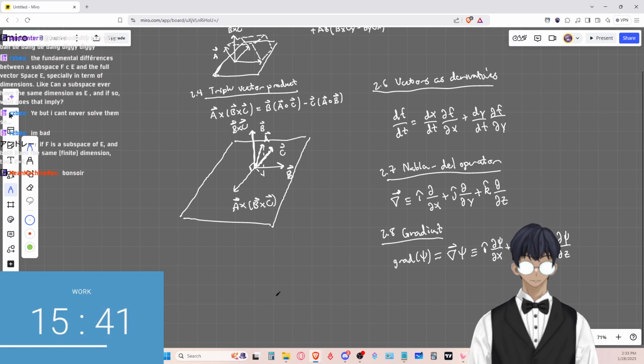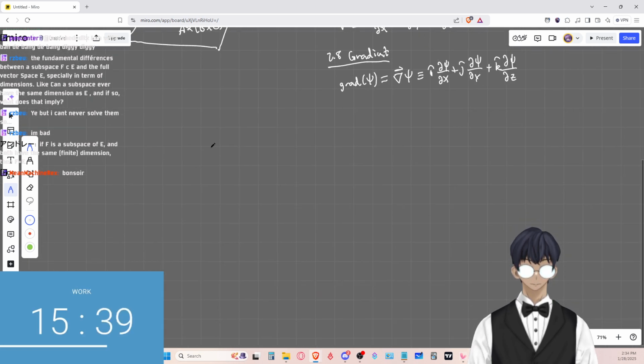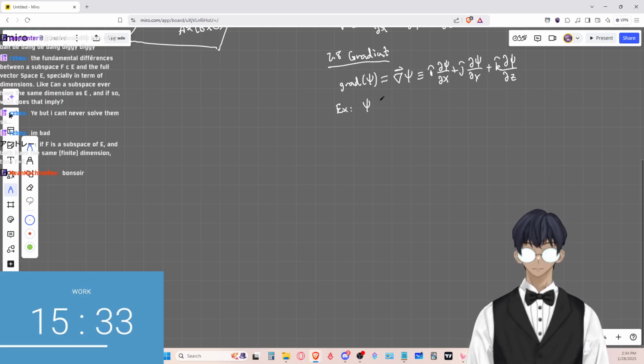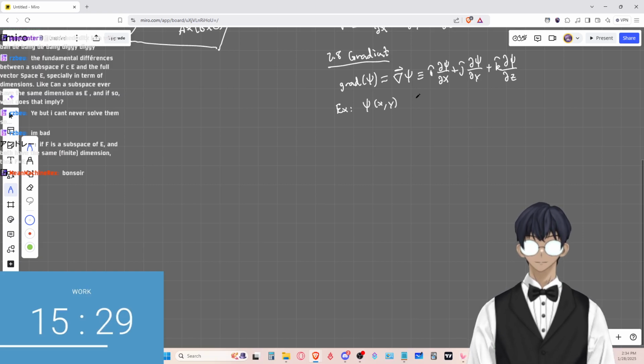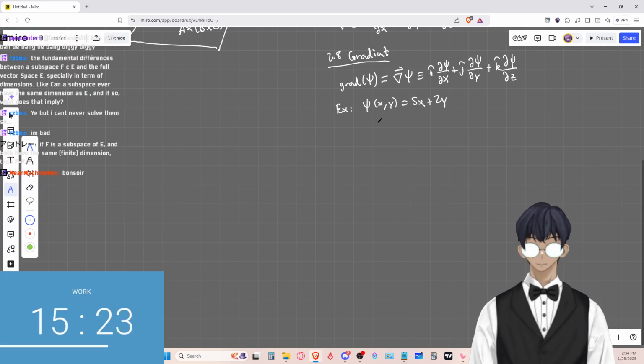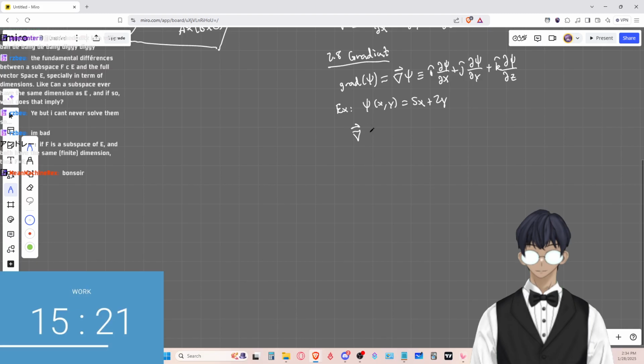So I think they give an example. So let's go up here. We have the equation 5x plus 2y, and then you take the gradient of that. Since I've read this before, I probably should remember.